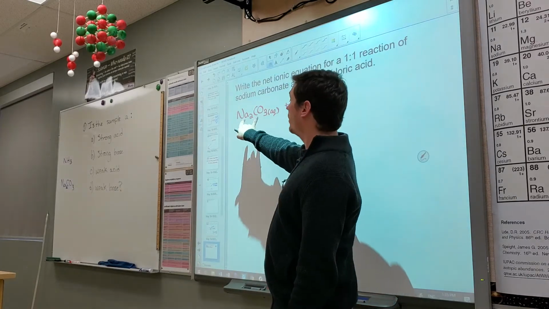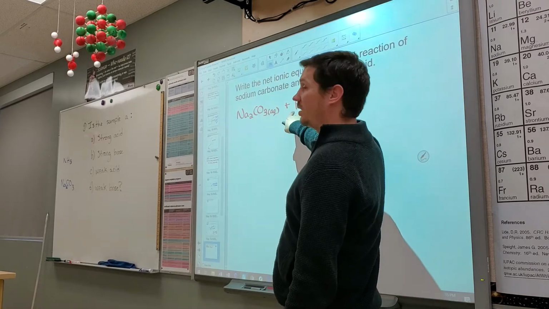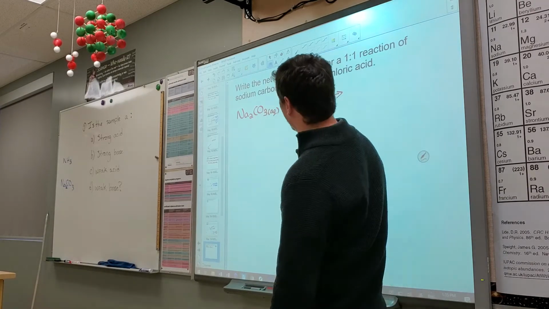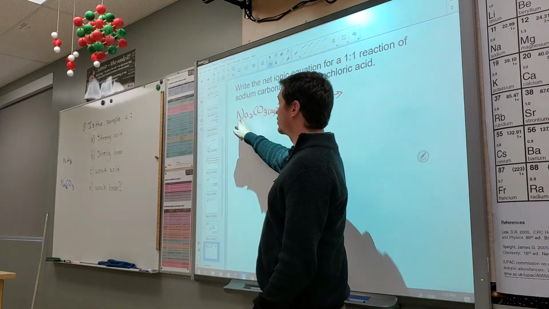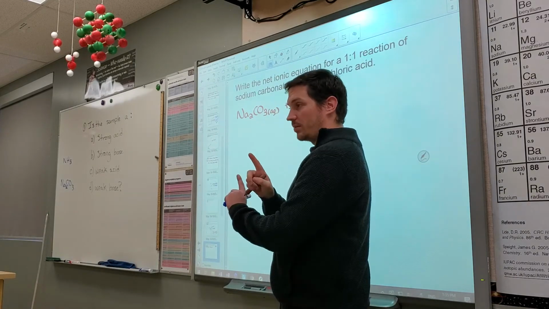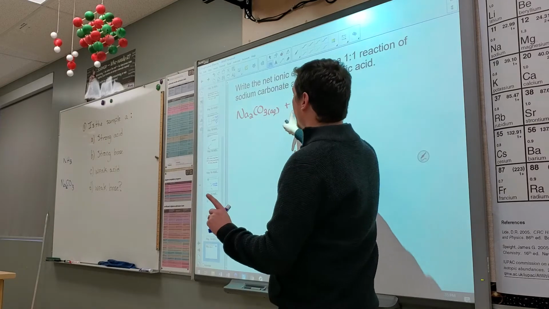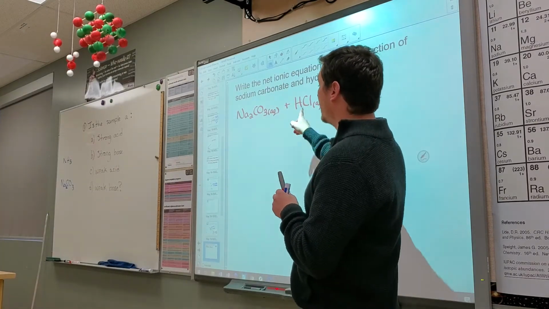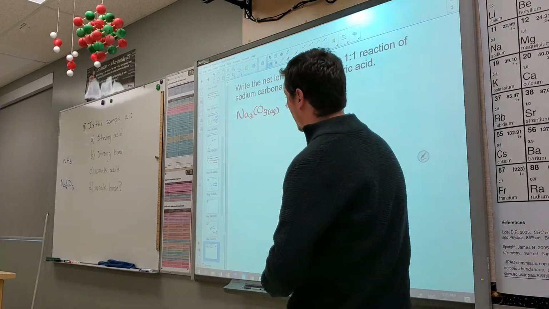So carbonate is a base. It will steal the hydrogen. Does that make sense? Bases steal hydrogens. So basically, what's going to happen is the sodium and the hydrogen are going to swap places. 1 sodium and 1 hydrogen are going to swap places because we're only adding enough hydrochloric acid to react this one time, okay?